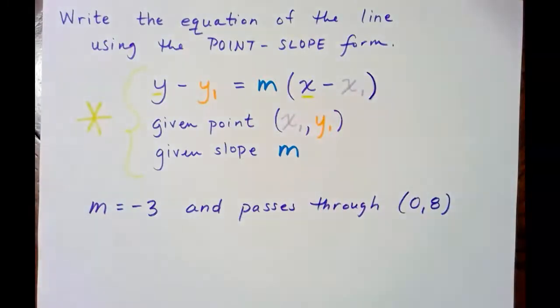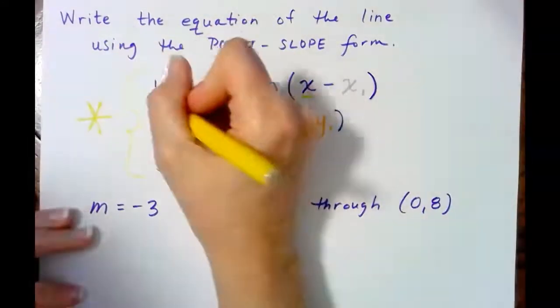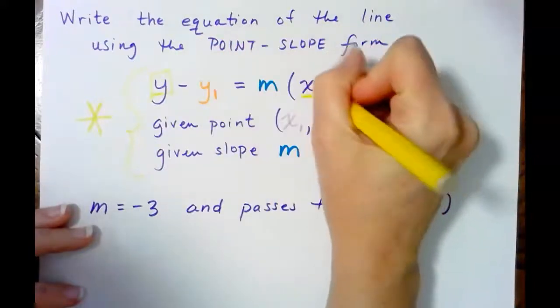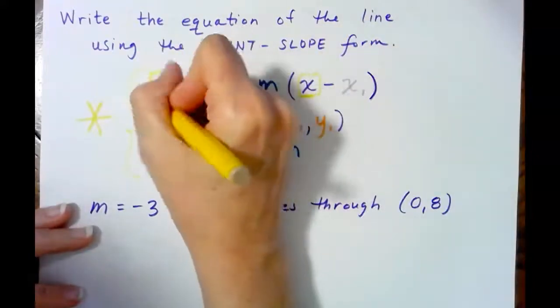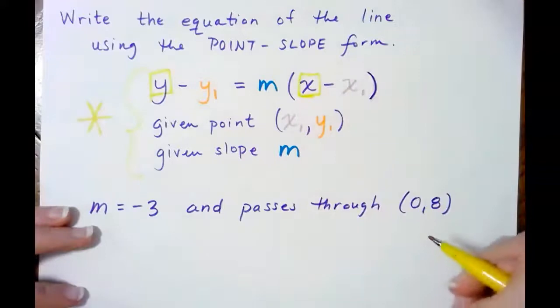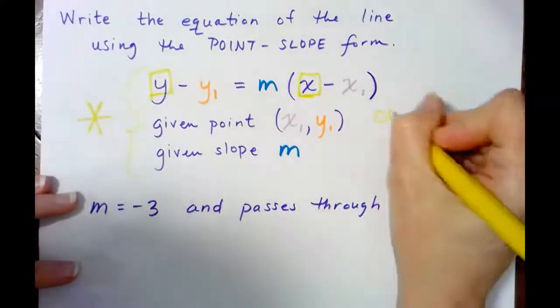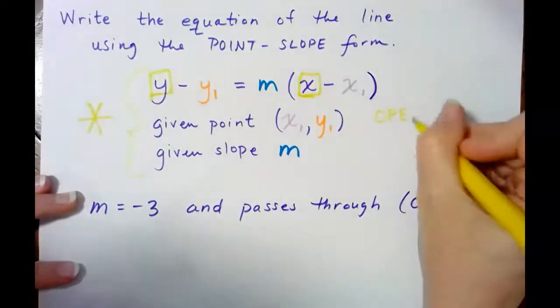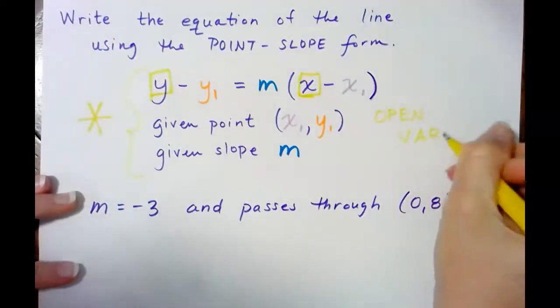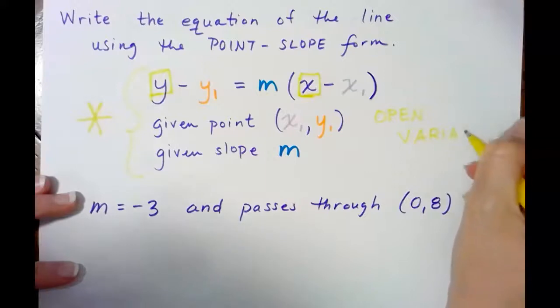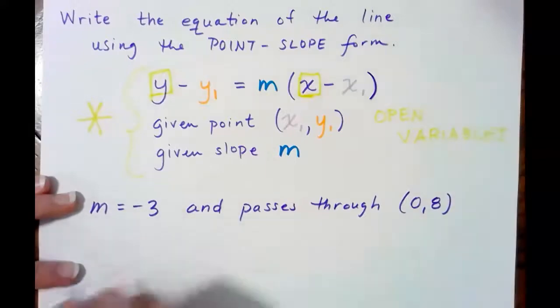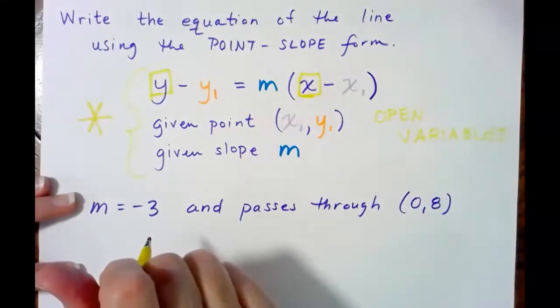Now, I have this y and this x highlighted because this y and this x, they are called the open variables. And open variables need to remain open.